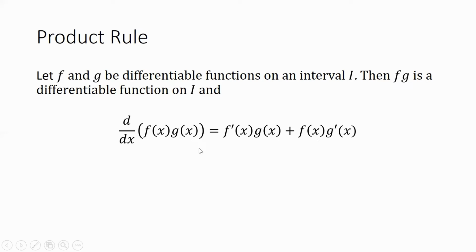You can show the product rule by going through a limit definition. I am not going to show where the product rule comes from. I will show some examples of the product rule and being able to take the derivative of two functions multiplied.